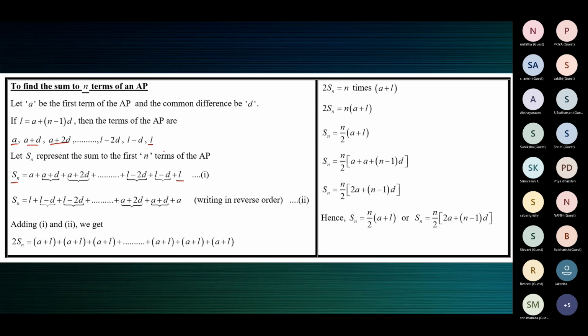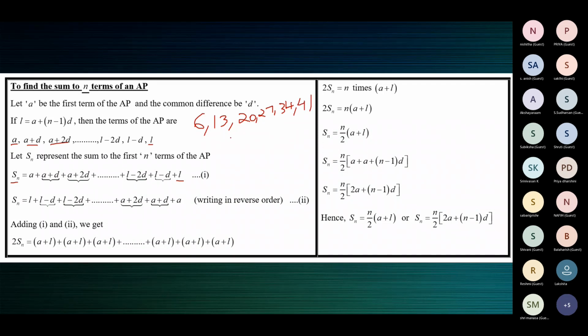Okay. So now let's just generate an AP with first term 6 and common difference, say, 7. 6 plus 7, 13. 13 plus 7 is 20. 20 plus 7 is 27. 27 plus 7 is 34. 34 plus 7 is 41, and so on.